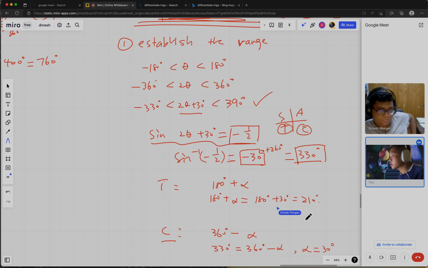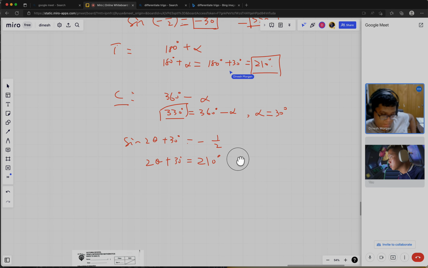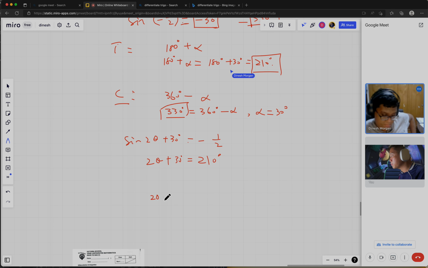Now the interesting question: sine 2 theta plus 30 equals negative half. So basically 2 theta plus 30 is equal to this one and this one, right? Let me continue to write it down. I'm going to space them apart a little bit.